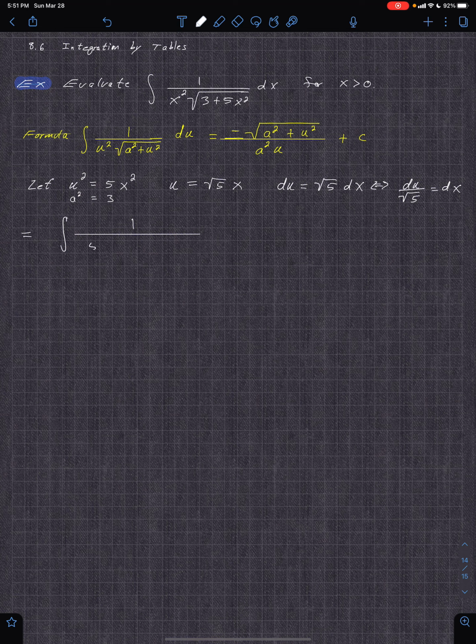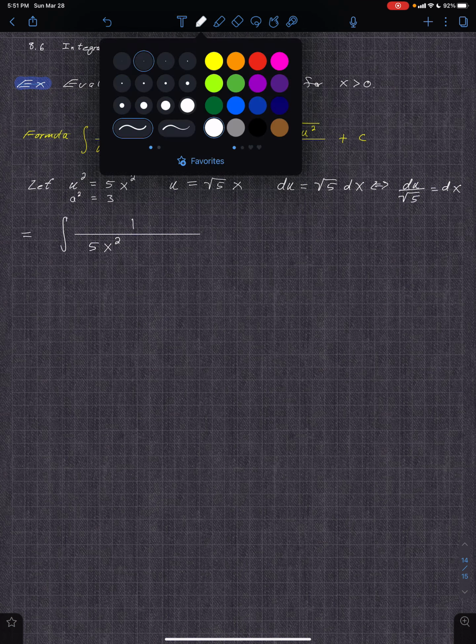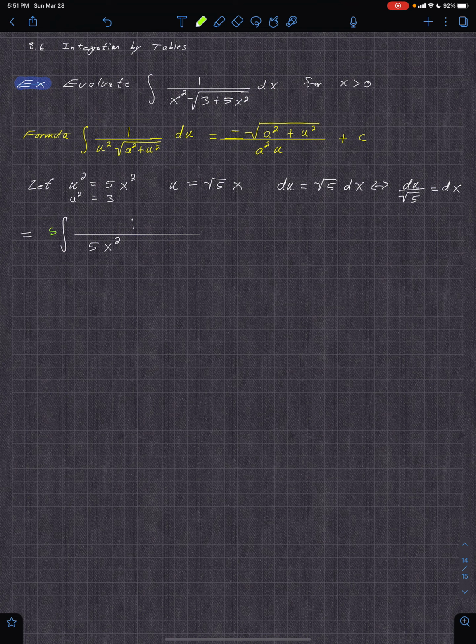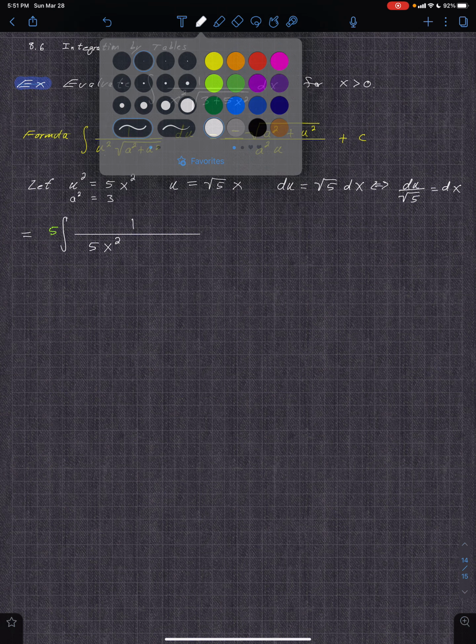If you write 5x squared here on the outside, it wasn't there originally, right? I mean, there wasn't a 5 here. So if you put a 5 here, then you have to put a 5 on the outside so that it's really just 1. So you go ahead and place a 5, and let me change the color to green. Okay, so here's your 5 that I placed in there. So now we're still equivalent to the original question.